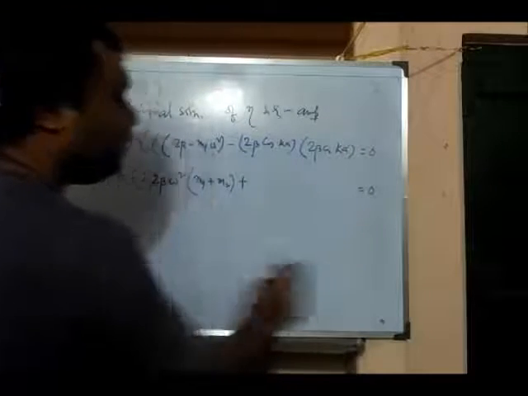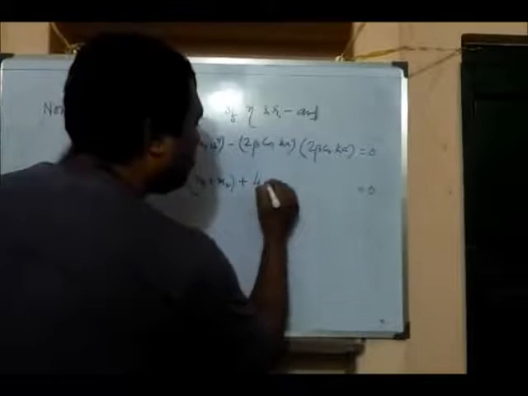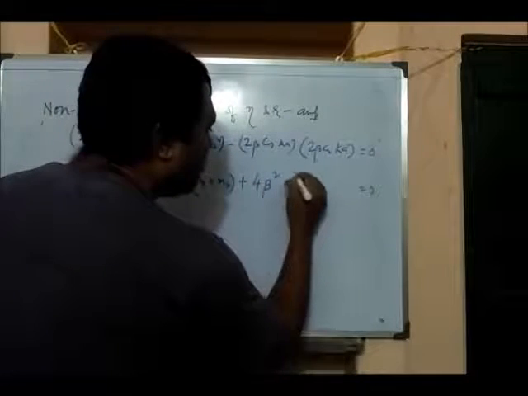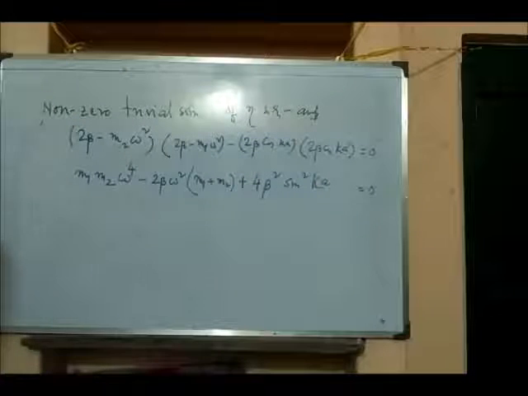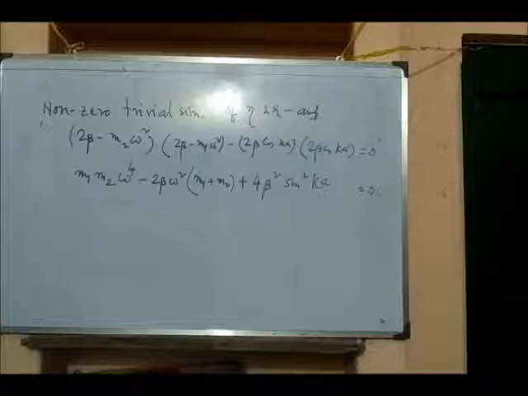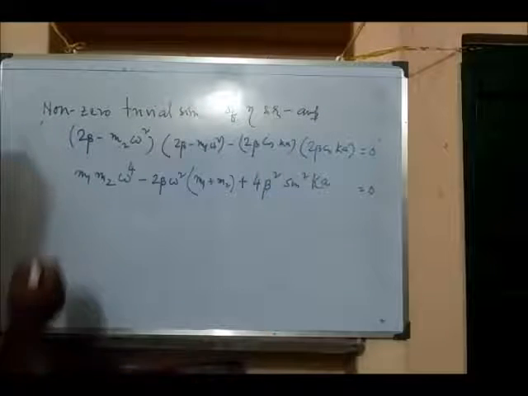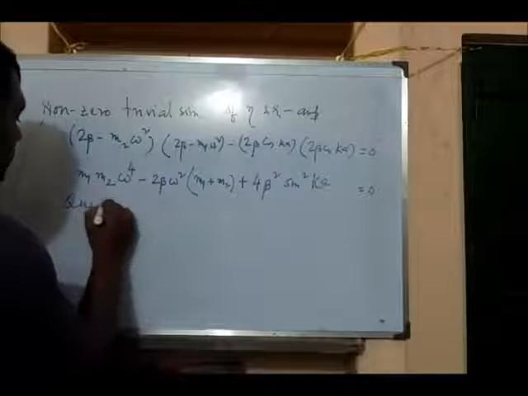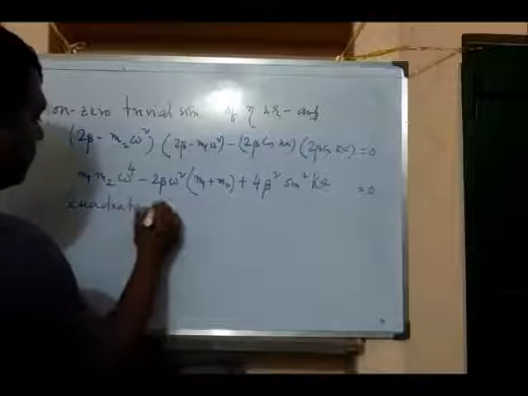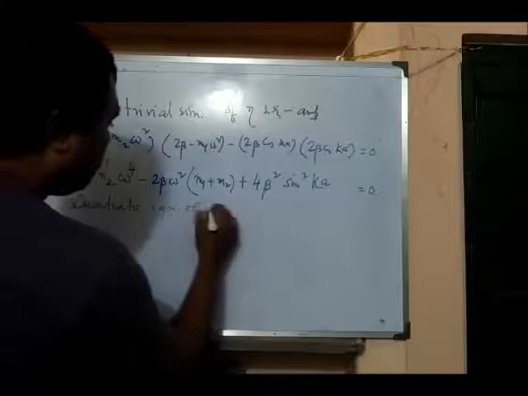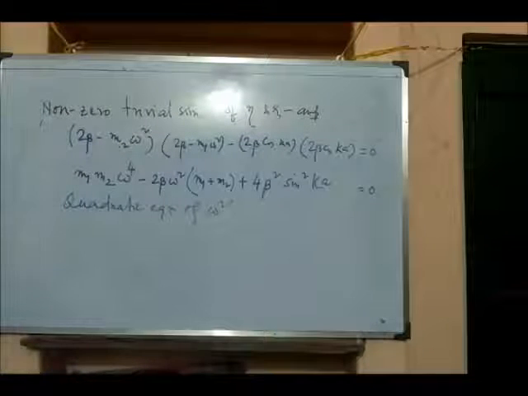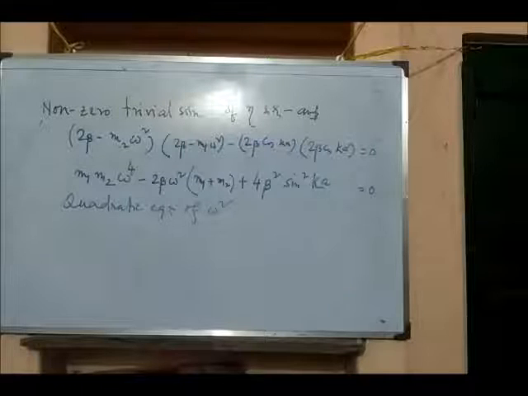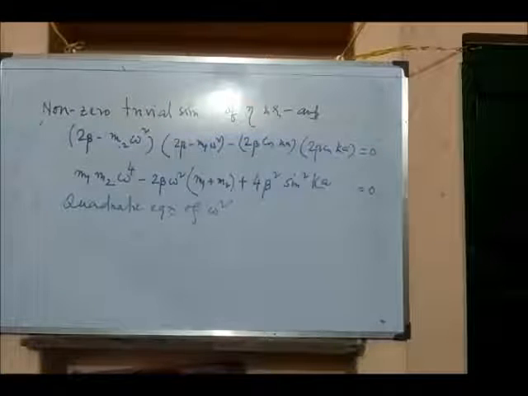So this equation will be m1 m2 omega to the power 4 minus 2 beta (m1 plus m2) omega square plus 4 beta square sin square Ka equals 0. And now this is a quadratic equation of omega square. Okay, so this is basically a quadratic equation of omega square.